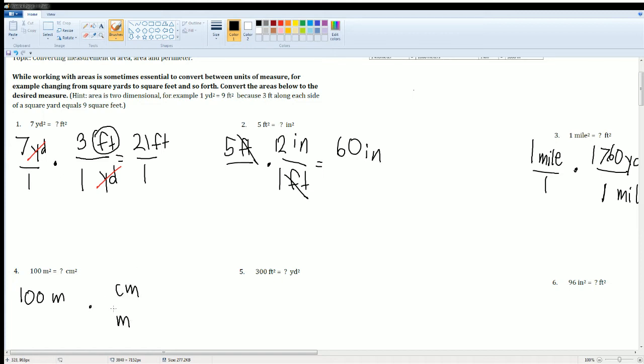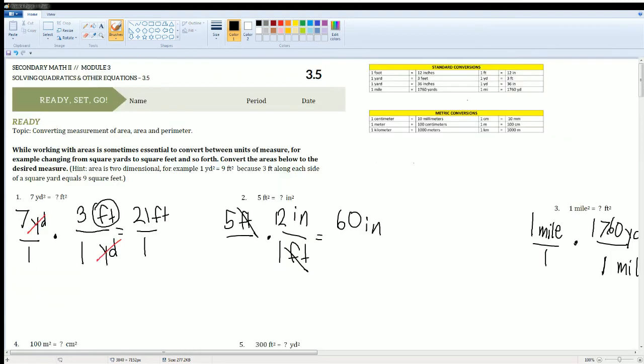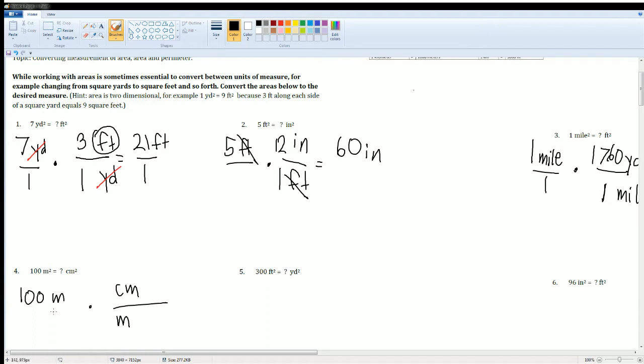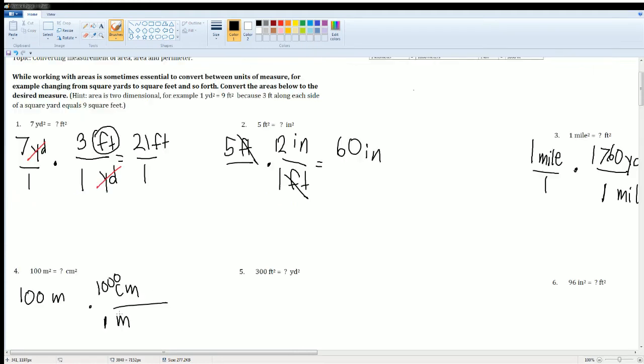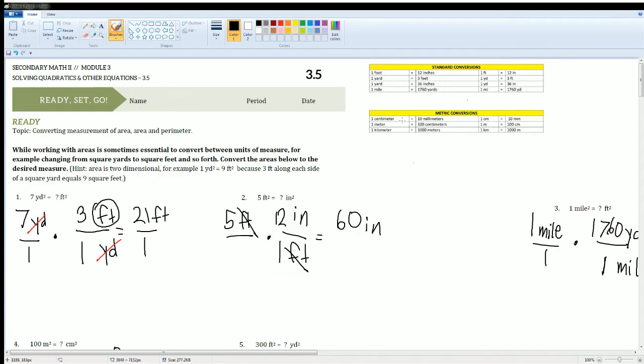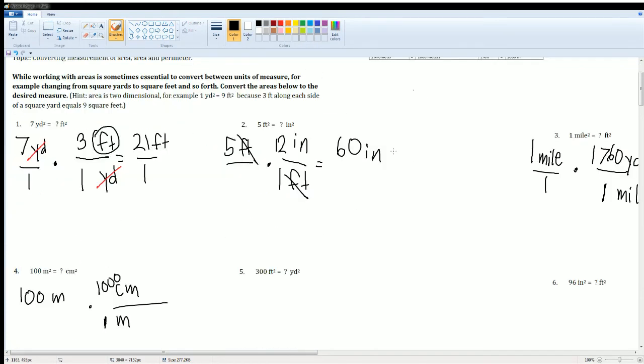So meters and meters, and centimeters. 100 centimeters will make 1 meter. Right? Is that what it says? 1 meter is 100 centimeters.